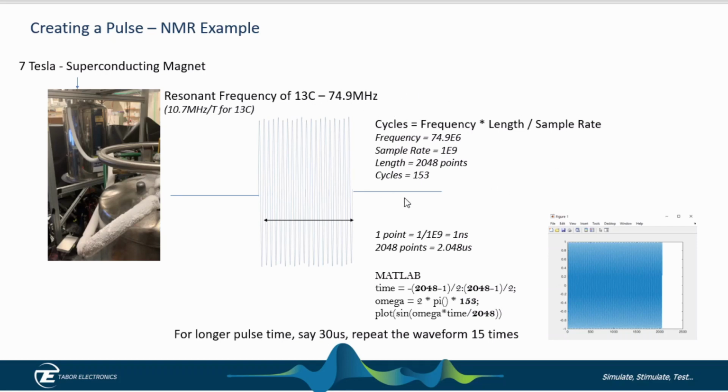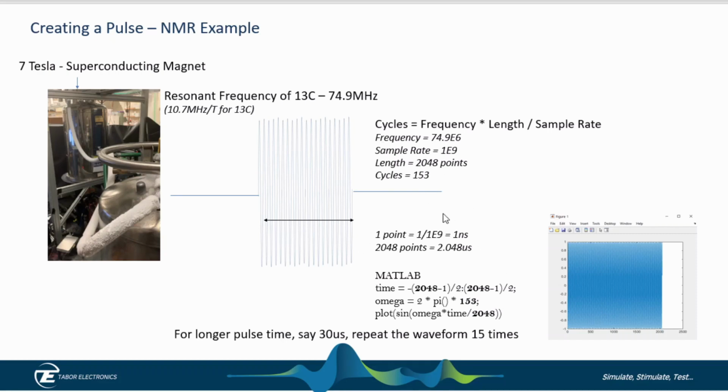If we use the same formula that we just used on the previous slide, I can use a sample rate of 1 gigasample, 2048 points and 153 cycles, and that will give me exactly 74.9 megahertz.